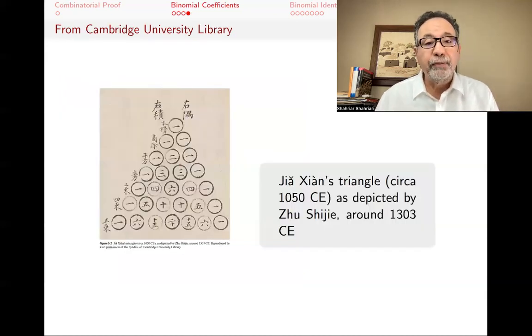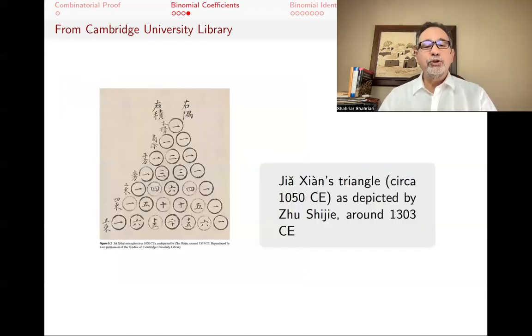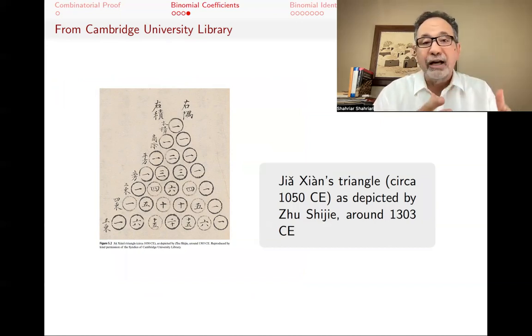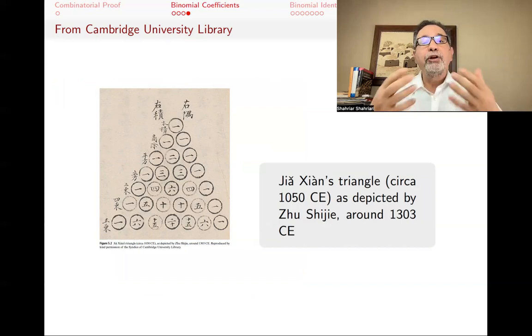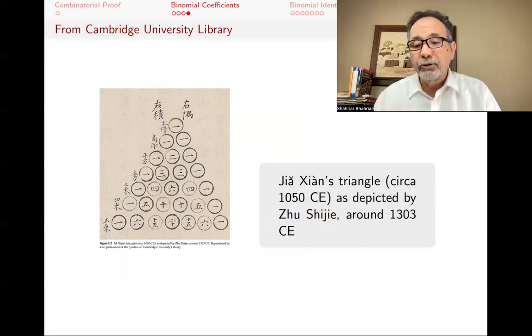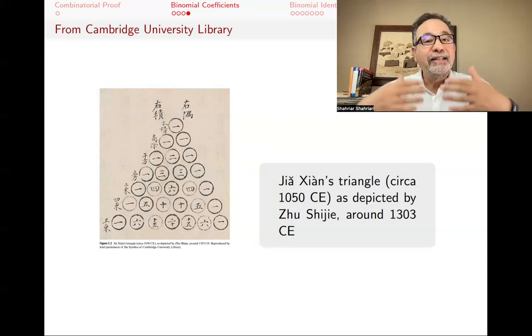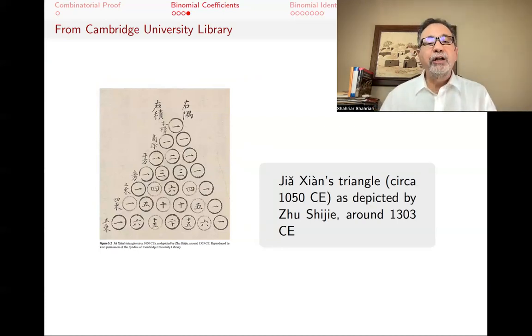Here's another version from China, and this one is due to Jia Xian, who did this about 50 years after Karaji. Again, his manuscript is not extant, but through other manuscripts, ones done by Yang Hui, or in this case, the one that I'm showing you by Zhu Shijie, we are familiar with the triangle that he made. This one is from the 14th century, but again, these are reporting on Jia's earlier triangle.